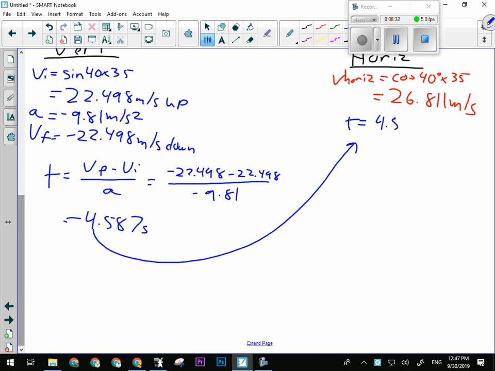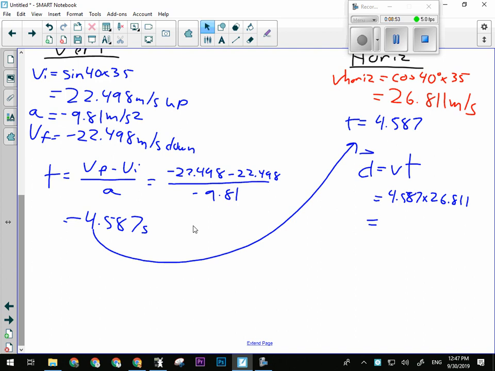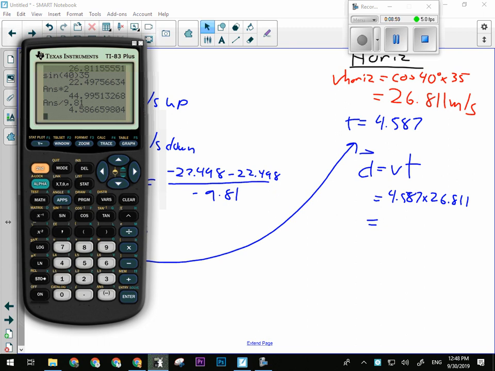So 4.587. Okay, so if I want to calculate where the safety net needs to go, I just need to know how far the cannonball is going to fly horizontally. So D equals V times T. That'll be my 4.587 times 26.811. That'll give me my horizontal distance traveled and the location of the safety net measured from the cannonball.